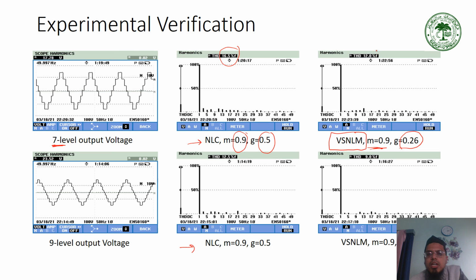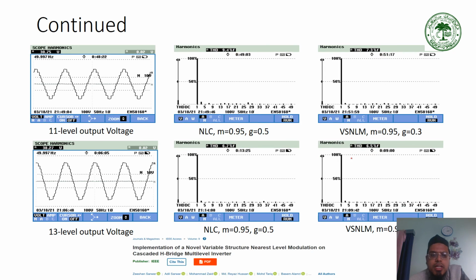G is different and THD is 12%. So drastic reduction. Similarly, for 9 level also the THD is 12.5%, here 9%. In case of 11 level also the THD is 9.4%, and it has reduced to 7.3%. Here for 13 level it is 6.7%, reduced to 6.5%.